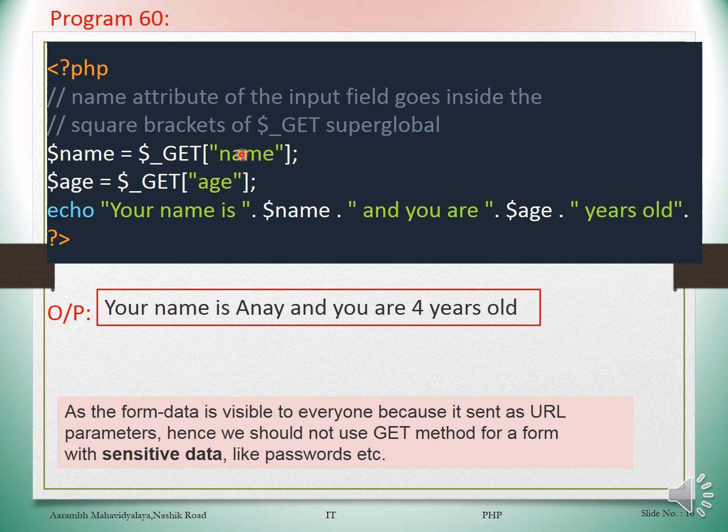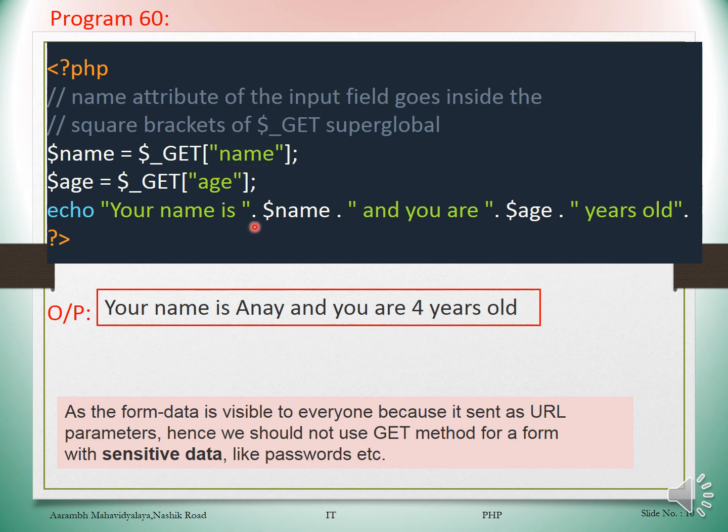Now we have to display this input data as output. Therefore we use the echo statement, and we form the name and age into a complete statement: "Your name is". Here this data is a string. Then we are using the variable, therefore dot name dot. That means we are displaying the value of name here.